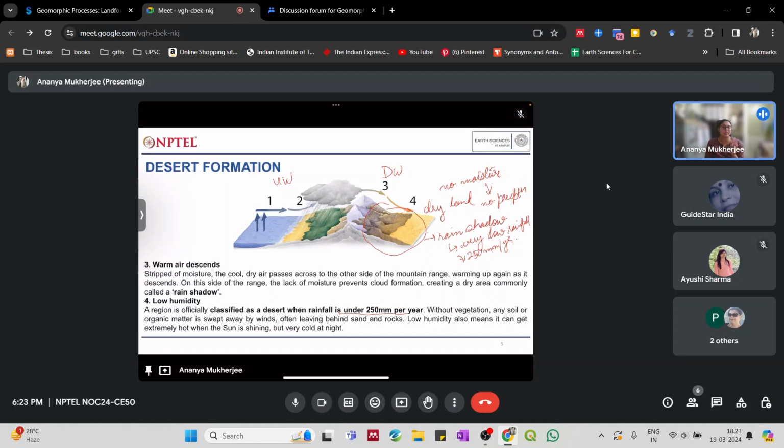And as I said before, the hot deserts have a very high range of variability in the temperatures we observe in the day and in the night. So this is how the desert is formed due to the whole phenomenon of orographic precipitation and the rain shadow effect.